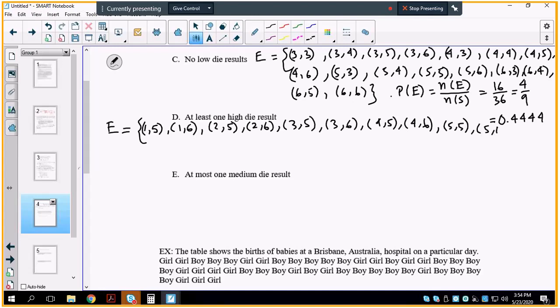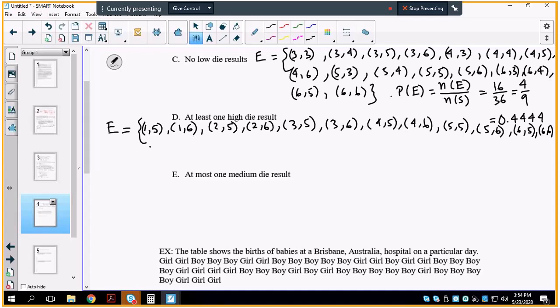5,6 is a good option. 6,5 is a good option. 6,6 is a good option. But is that all? Well, no, because why should we assume that only the second place is high.